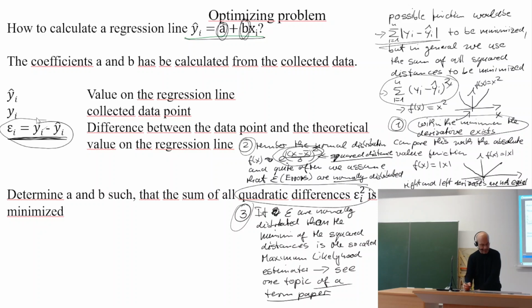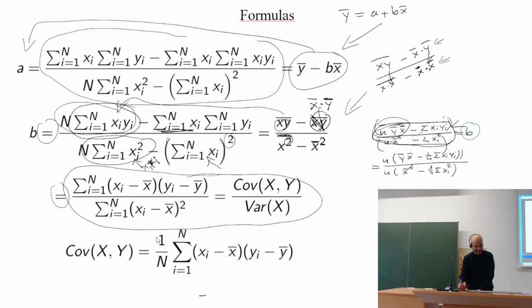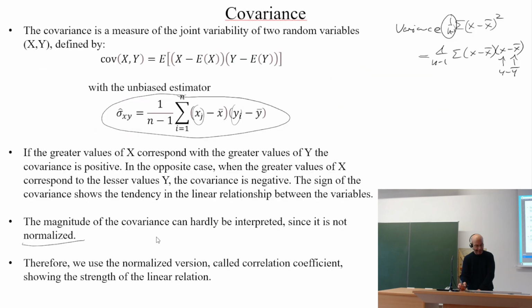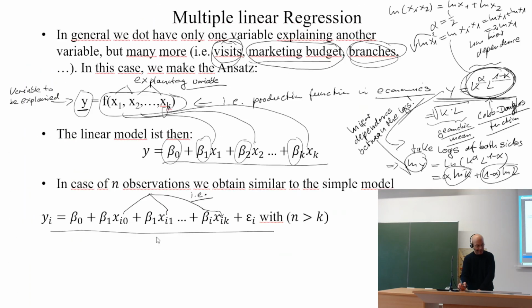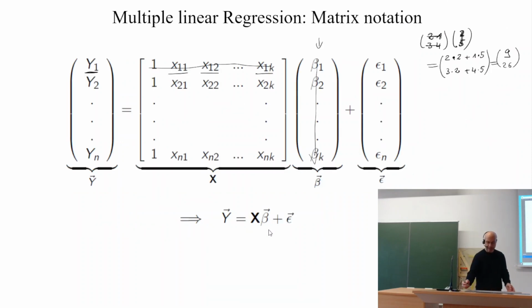In general, in the simple linear regression we would have y_i equals a plus b x_i plus epsilon_i, and now we have this multiple writing, and if we feed in all our data, then we also have this vector of errors.